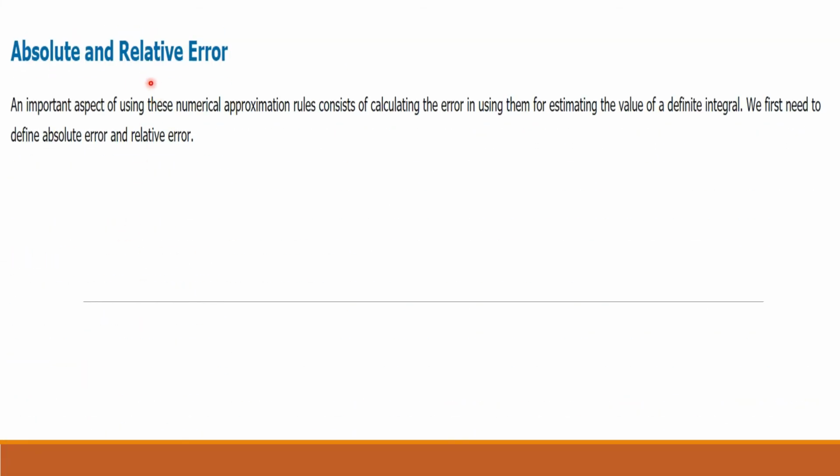Next, absolute and relative error. An important aspect of these numerical approximation rules consists of calculating the error and using it for estimating the value of a definite integral. We first need to define absolute error and relative error.